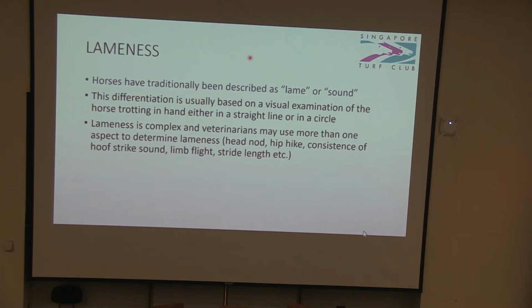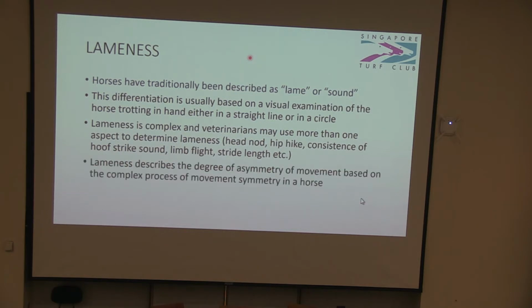So when we come up with a complex situation as veterinarians, we try and get as much information as we can. So we look at things like head nod, hip hike, consistency of the hoof strike sound, stride length, limb flight, swelling, bandages, wounds, to try and get as much information as we can to assess the horse for lameness.